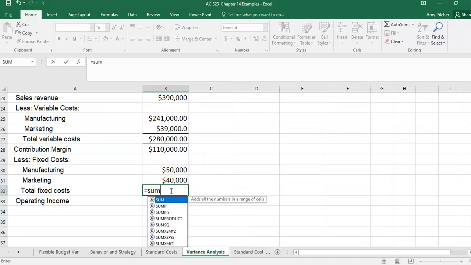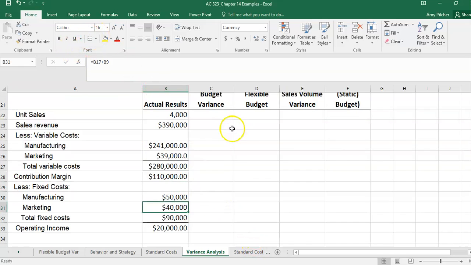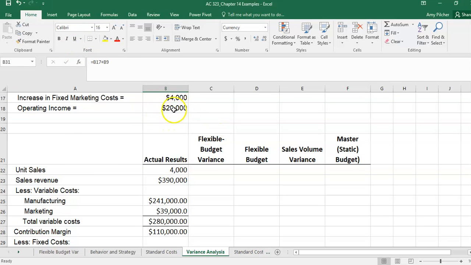So our total fixed costs are $90,000, giving us an operating income of $20,000, which is also the operating income that the problem gave us we had. Now we want to build our master or our static budget.